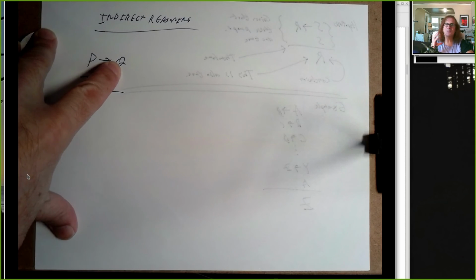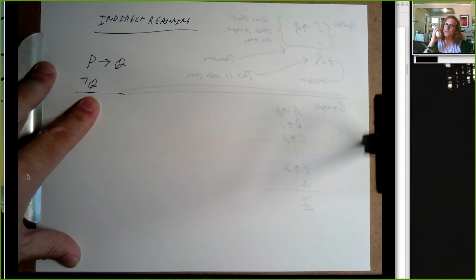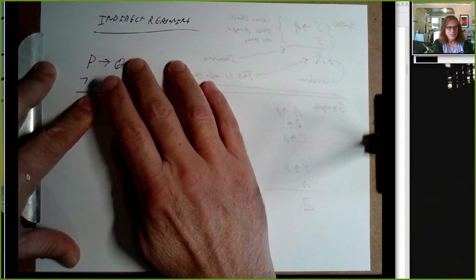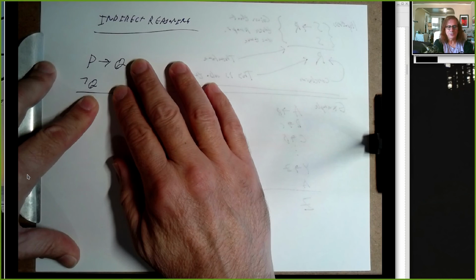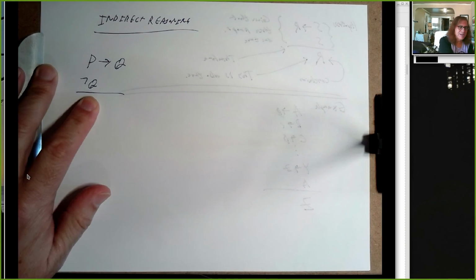We firmly believe in our minds that is absolutely a factual statement, right? It's a hypothesis, so we can assume that's true. We also believe absolutely that Q is false. Is there any possible way, given these two statements, that P could now be true? And the answer has got to be no.